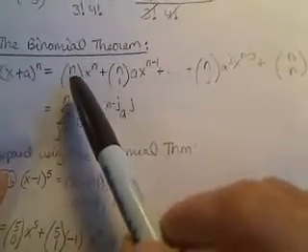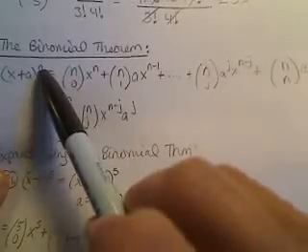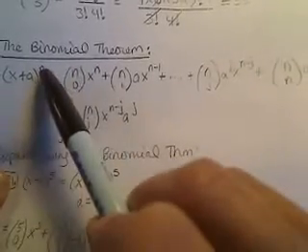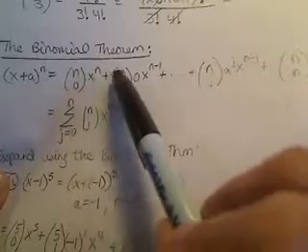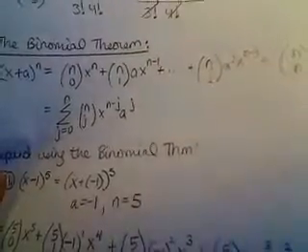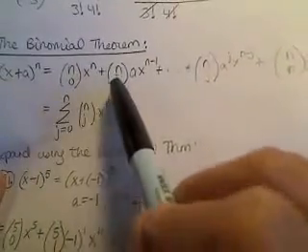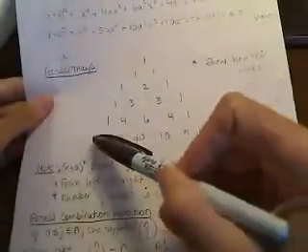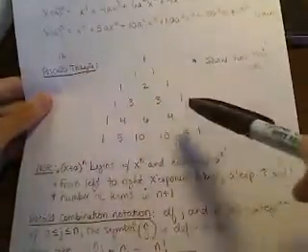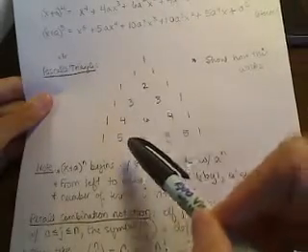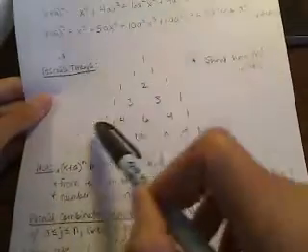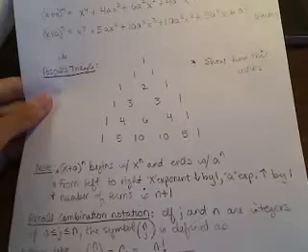And you're also dealing with whatever this power is. In our problem it's 5, so it's going to be 5,0; 5,1; 5,2, those combinations. Turns out these combinations correspond to Pascal's triangle's 5th row here. I guess it's the 6th row, but that's the 5th power Pascal's triangle.